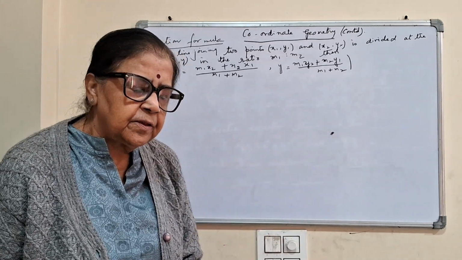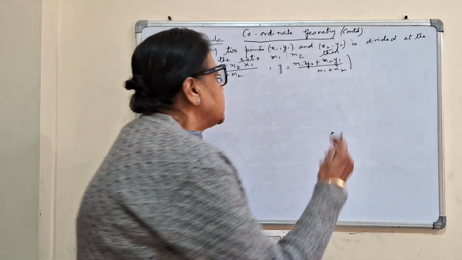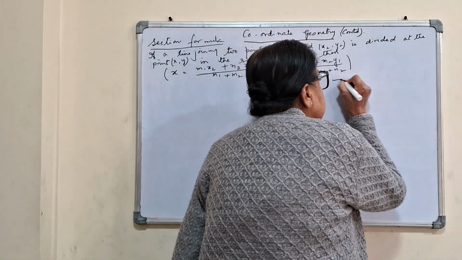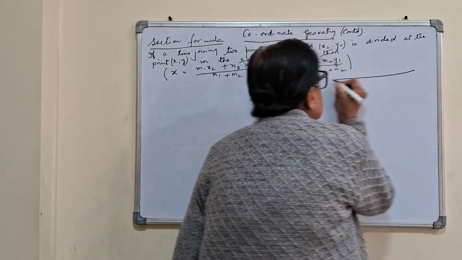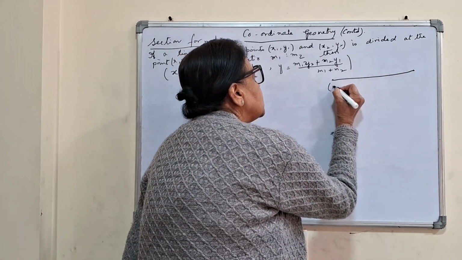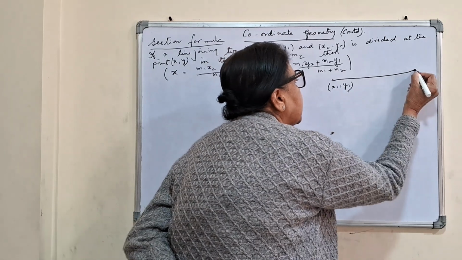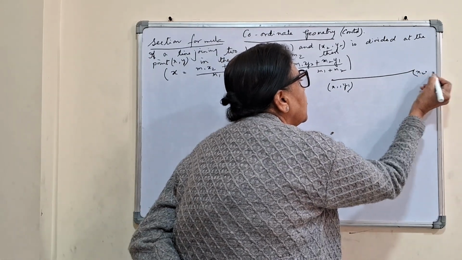Yes, that means if I draw the figure here, this is the line joining 2 points. These are the 2 points x1, y1 and x2, y2.